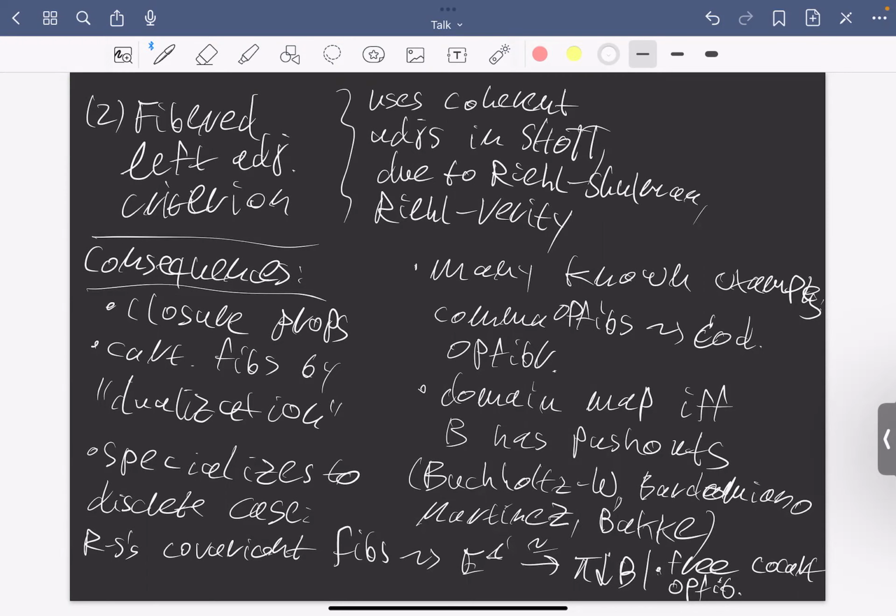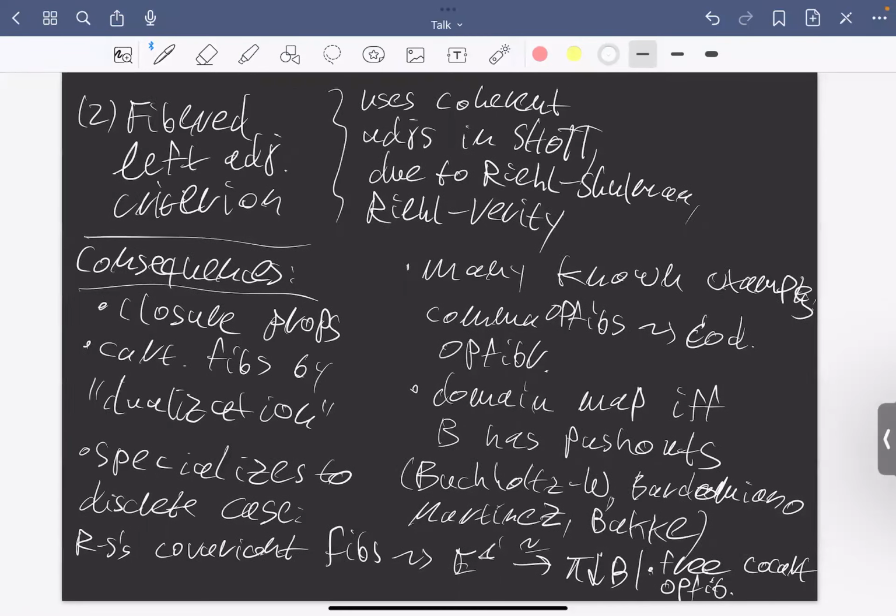So if there are no questions right here, I would go to a nice application of this notion, namely the Yoneda lemma, for these kinds of fibrations.